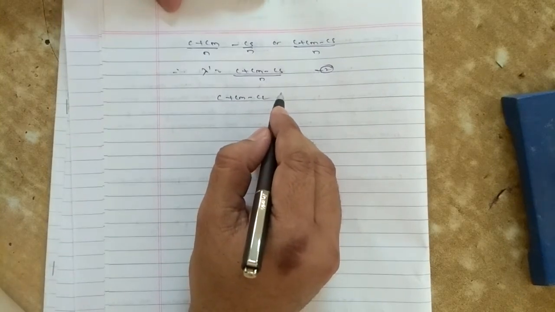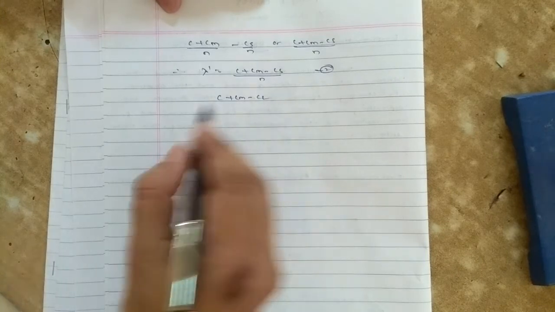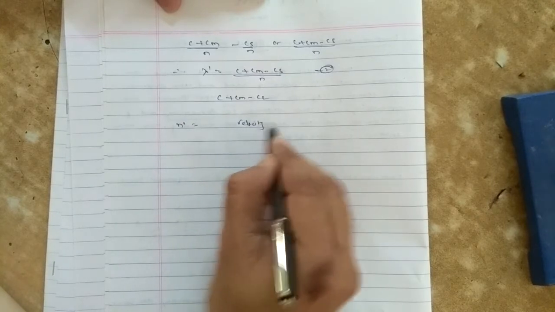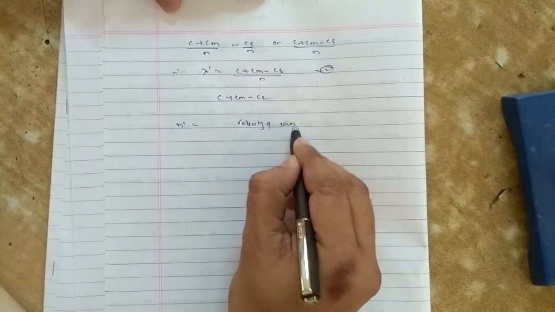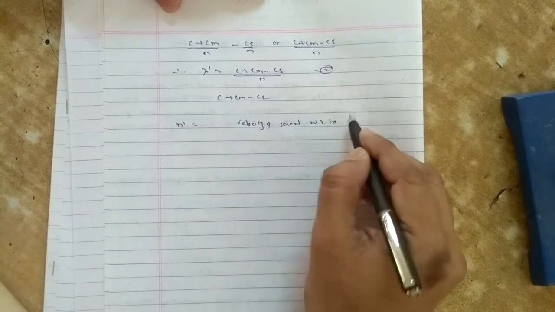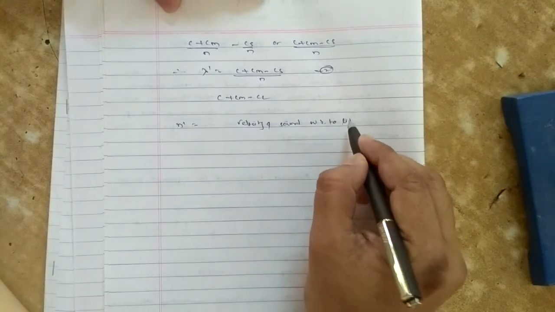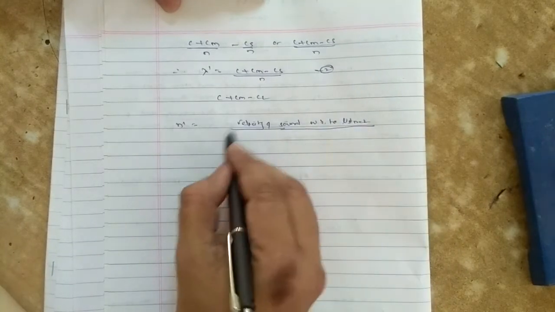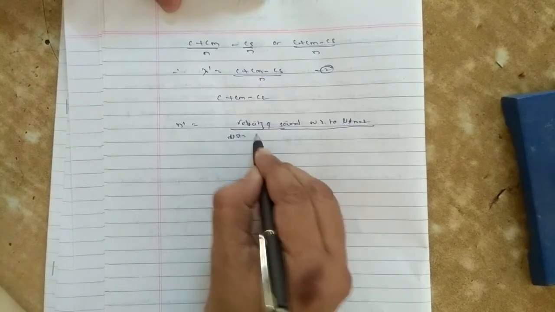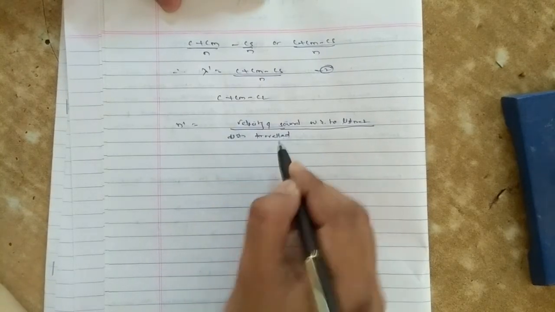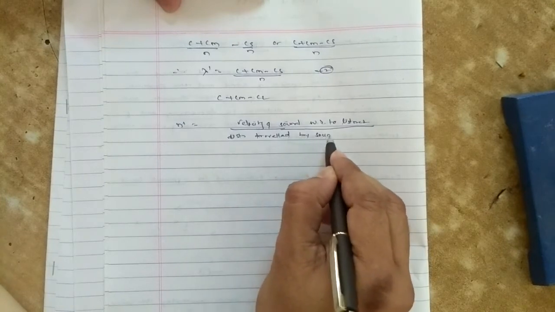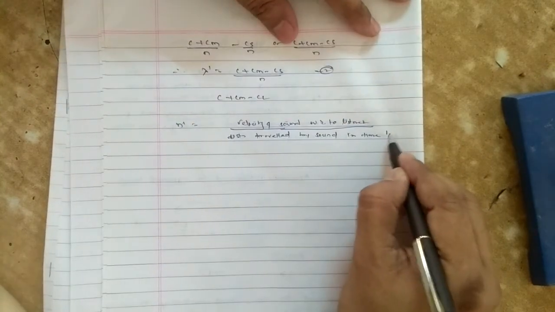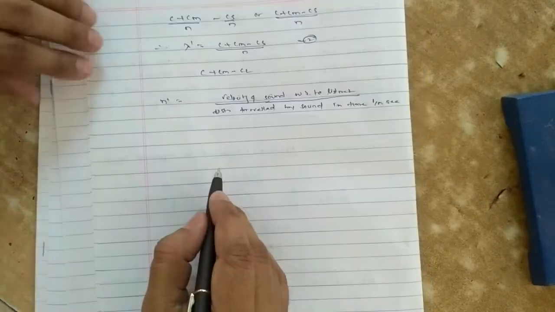Therefore, the frequency of the sound wave as heard by the listener will be n prime equals velocity of sound with respect to listener divided by distance traveled by sound in time 1 upon n second. This is the formula.